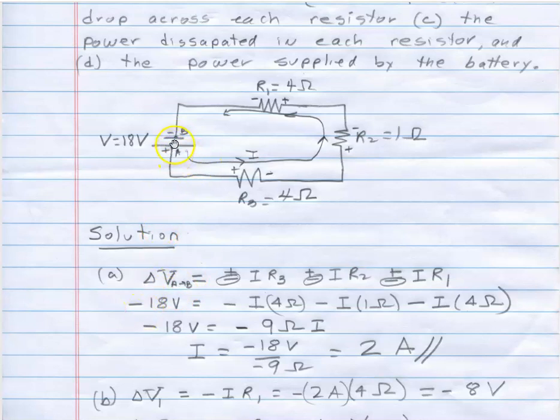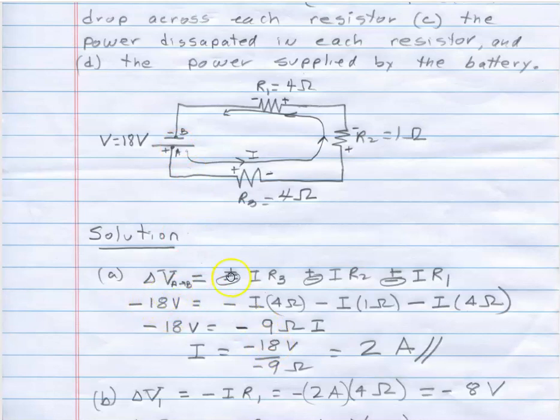If I go from A to B in this direction, or around here in this direction, I'm going from high to low. And so the final minus the initial is minus 18 volts as I go from A to B, high side to low side.